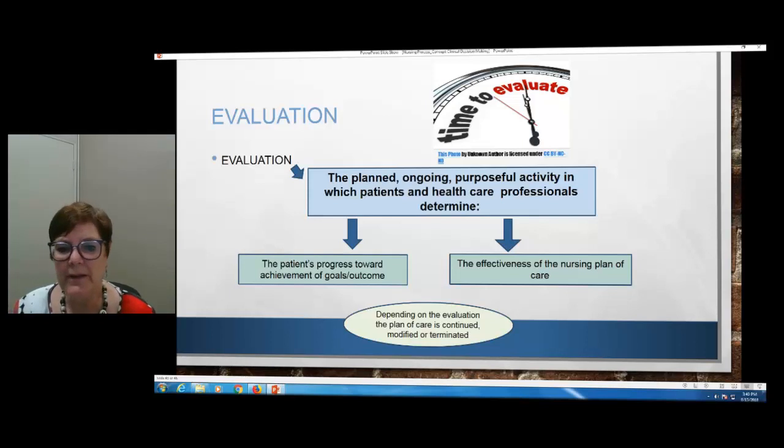And depending upon the evaluation, the plan of care is either going to be continued, it's going to be modified, or you're going to terminate that intervention or that nursing diagnosis problem. You're going to discontinue those interventions related to it. So we are going to evaluate and determine the patient's progress, and do we need to modify, terminate, or continue what we're doing.